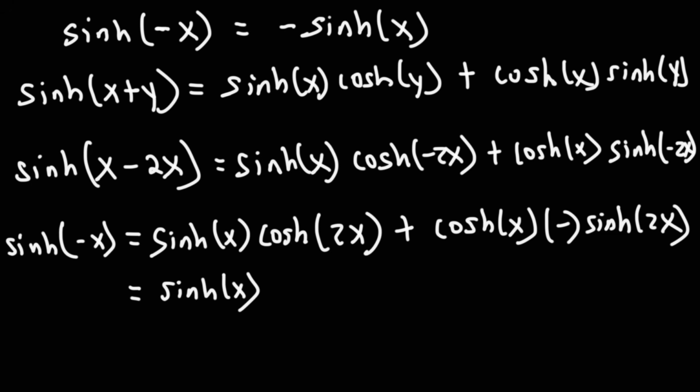Now, hyperbolic cosine of 2x, we could use the double angle formula for that. And that is cosine squared plus sine squared. So cosine squared of x plus sine squared of x.